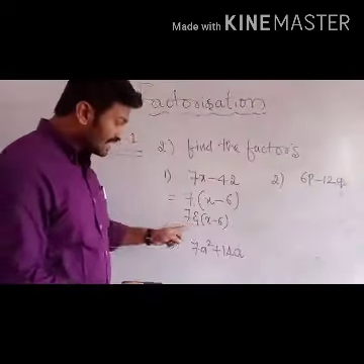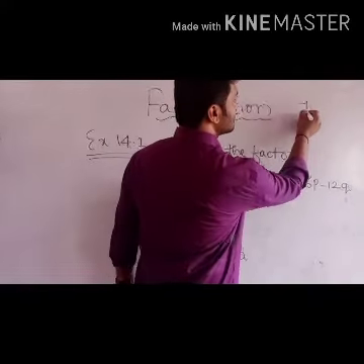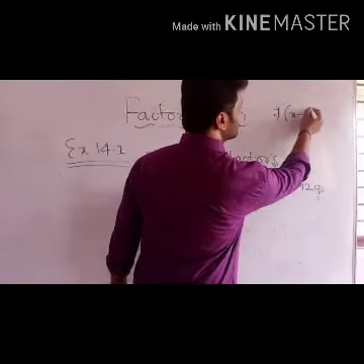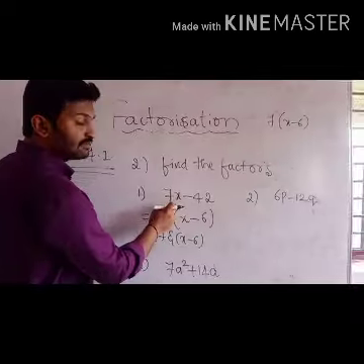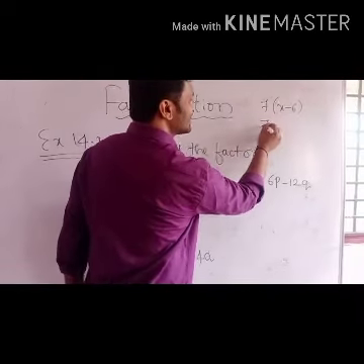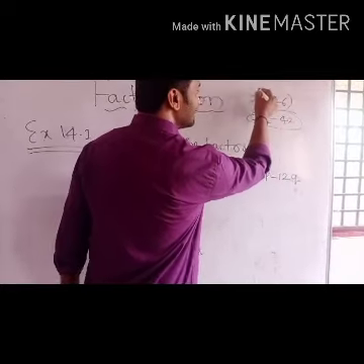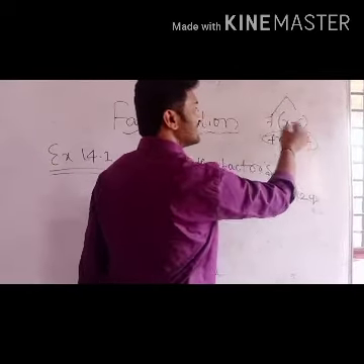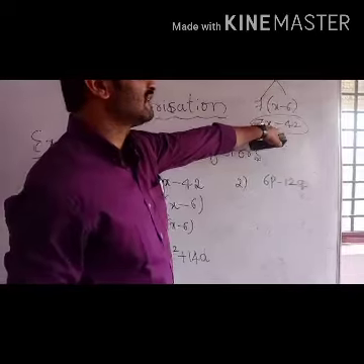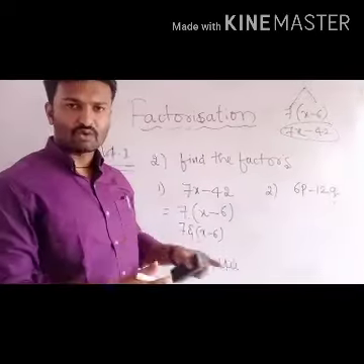You just multiply. See here, 7 and x minus 6, we will get the same term: 7 into x, 7x, 7 sixes are 42. Then 7 and x minus 6 are the factors of this given binomial. This is the way how to verify.